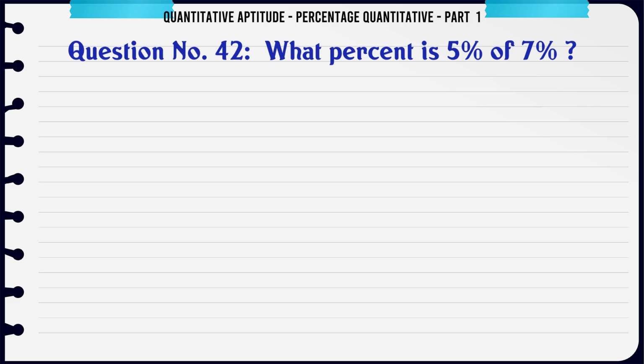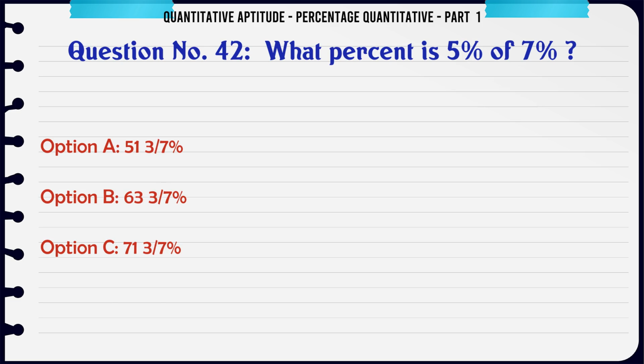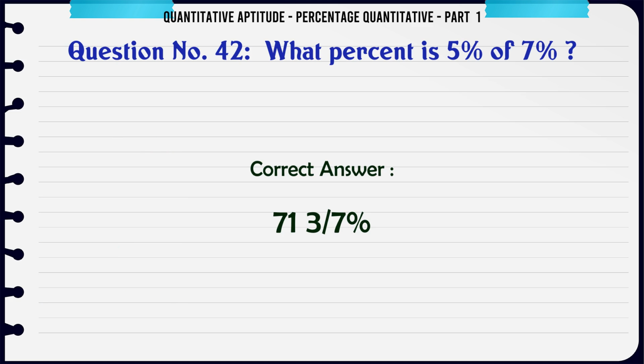What percent is 5% of 7%? A. 51 3/7%, B. 63 3/7%, C. 71 3/7%, D. 79 3/7%. The correct answer is 71 3/7%.